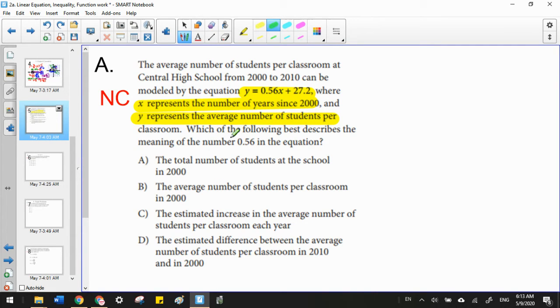And now they're asking us to describe what's the best way to describe the meaning of the number 0.56. So first things first, we should acknowledge that when they talk about the 0.56 in the equation, they're asking us, what does that slope mean?